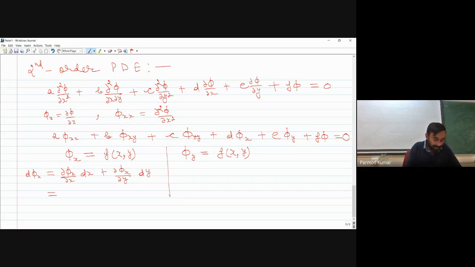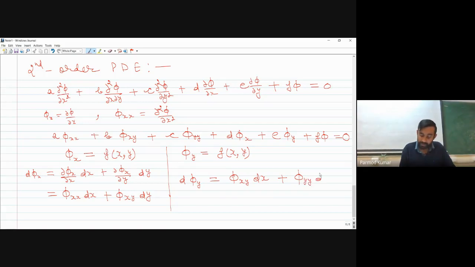This becomes phi xx times dx plus phi xy times dy. Similarly, on the other side, d phi y will be equal to phi xy times dx plus phi yy times dy.